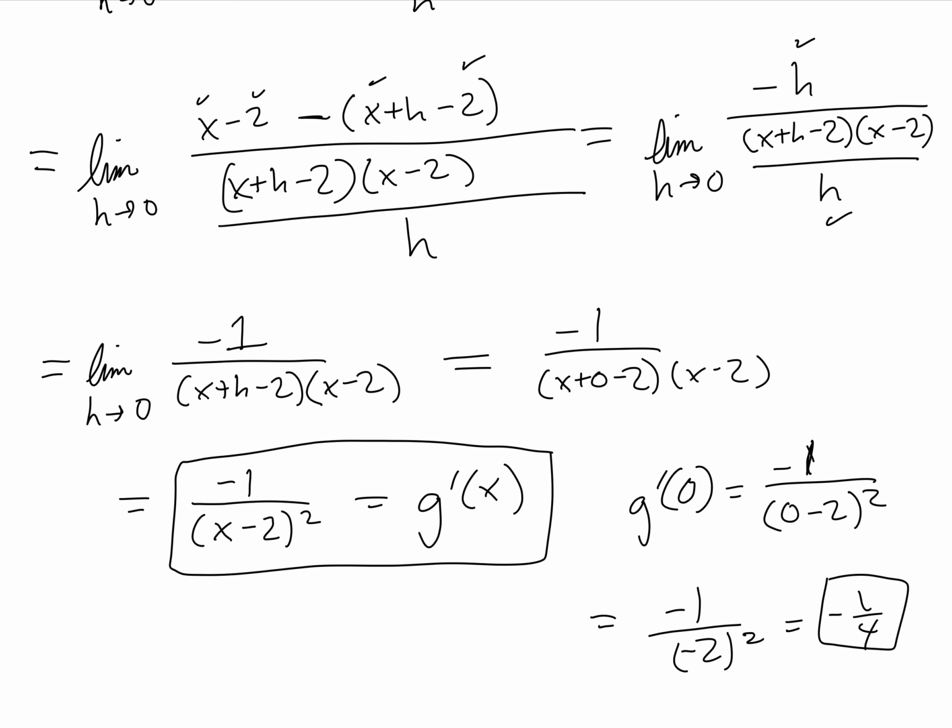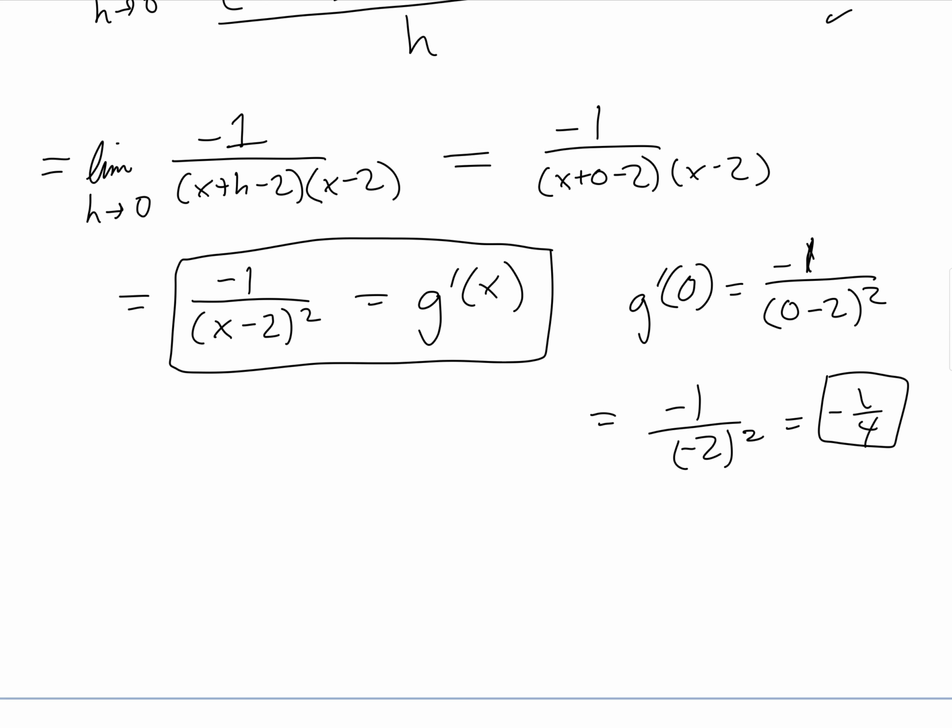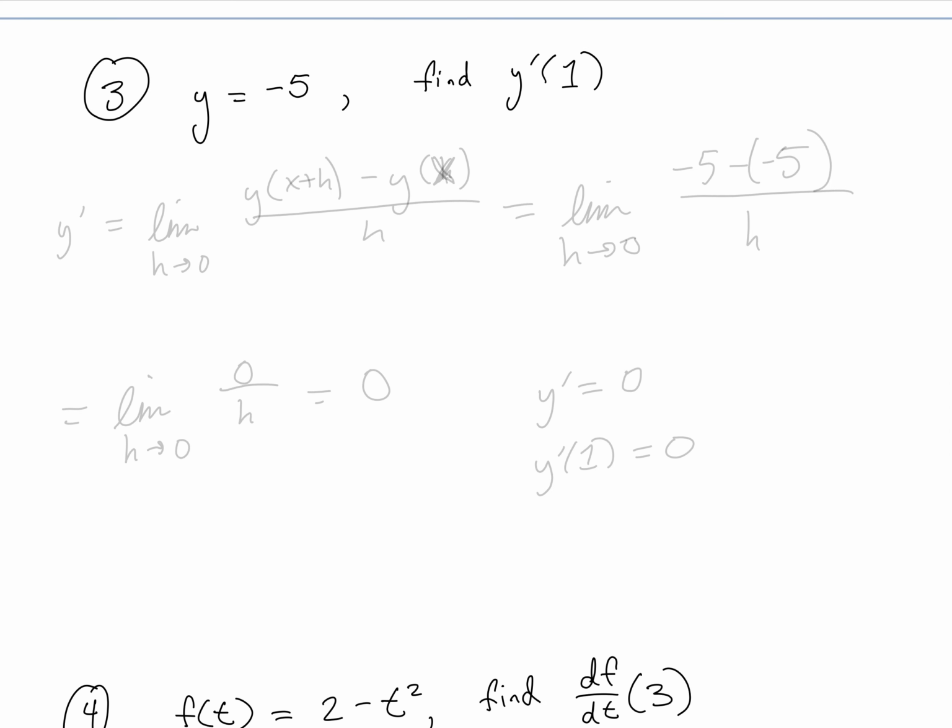Okay, now we've got the function y equals negative 5, just the constant function. So y prime is going to be equal to the limit as h goes to 0 of y evaluated at x plus h minus y evaluated at x, all divided by h. So what is y when it's evaluated at x plus h? Well, the output, no matter what, is negative 5.